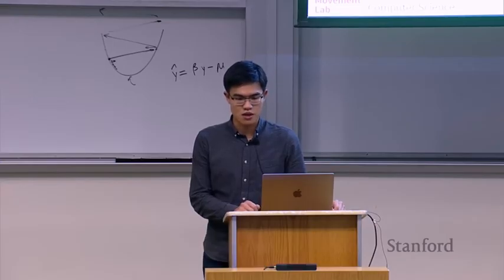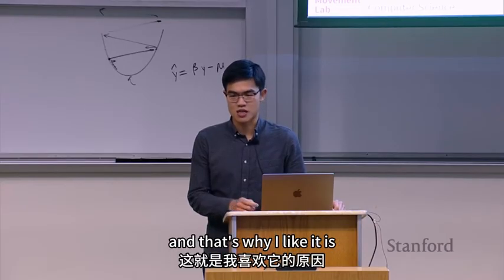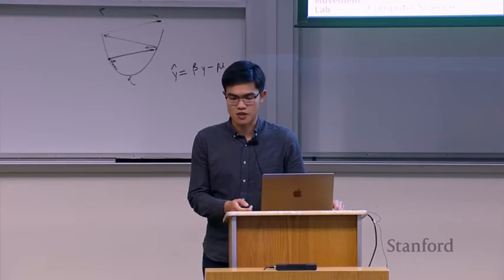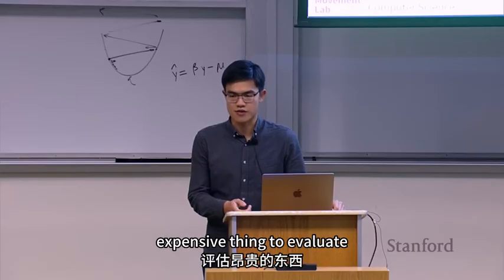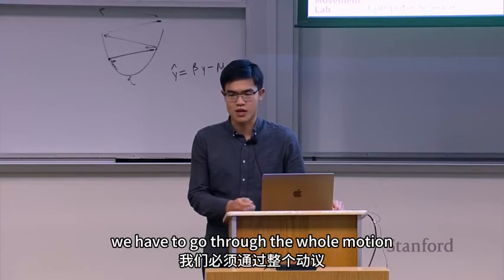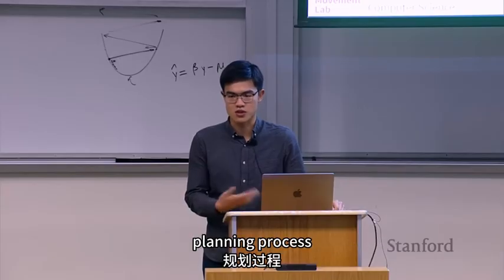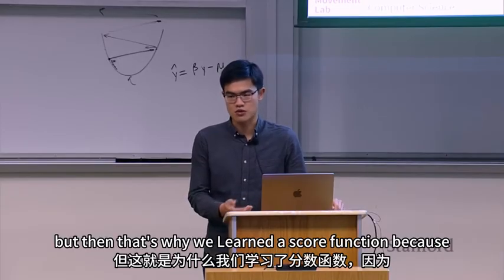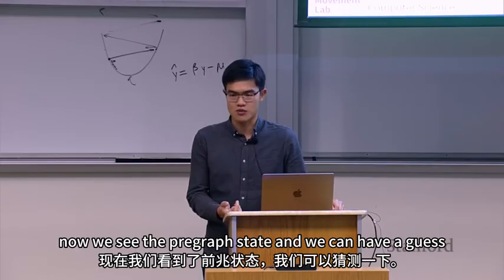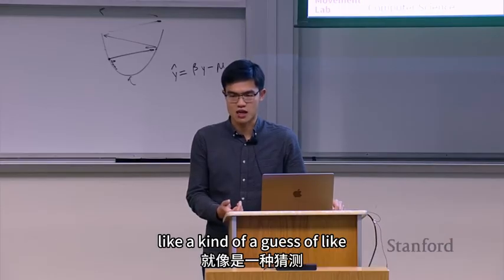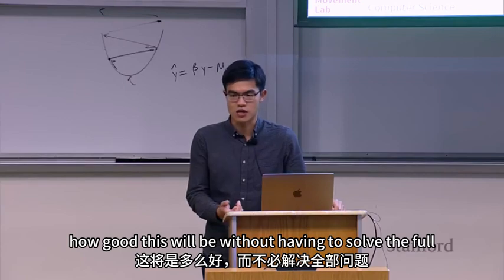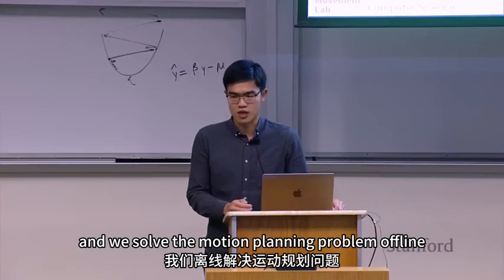I think the short answer is yes, and that's why it is very computationally expensive to evaluate, because when we select a pre-grasp, we have to go through the whole motion planning process to decide if it's good or not. That's why we learn a score function: we see the pre-grasp state and can make a guess of how good it will be without having to solve the full motion planning problem. And we solve the motion planning problem offline.